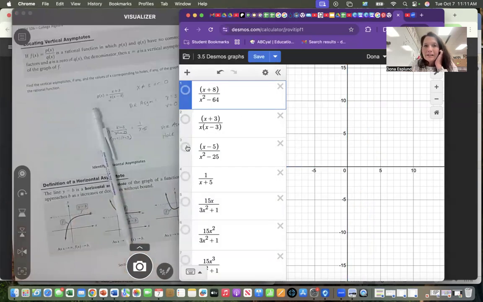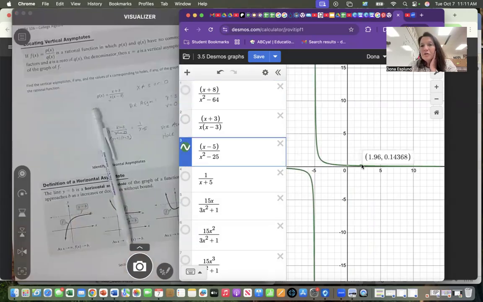I'm going to unselect this one and select this one. Again, I have my vertical asymptote at -5. And notice here, as I scroll along and get really, really close to 5, it pops up as undefined. When it does that, that indicates there's a hole in my graph. It's getting really, really close to that value, but it's never going to quite get there.